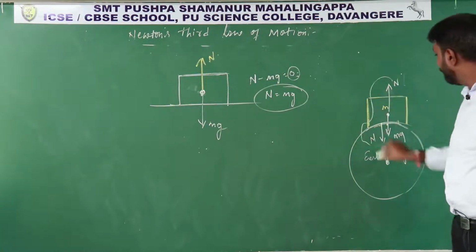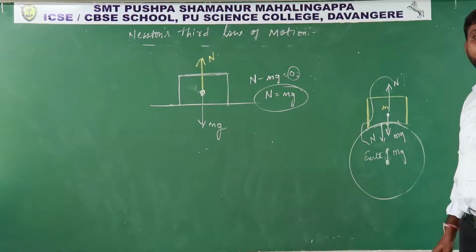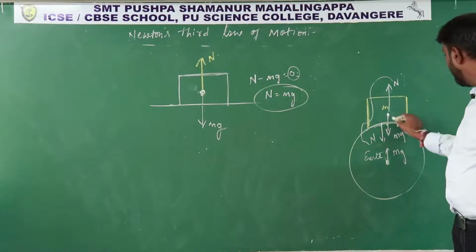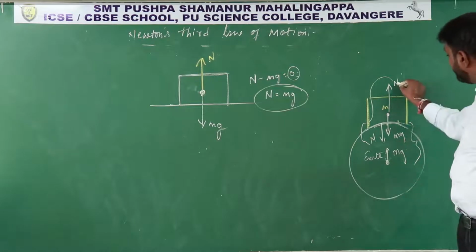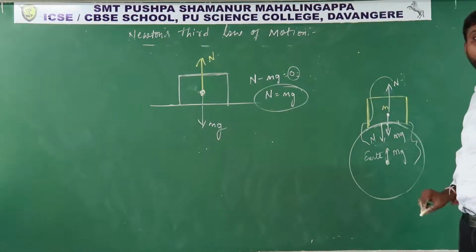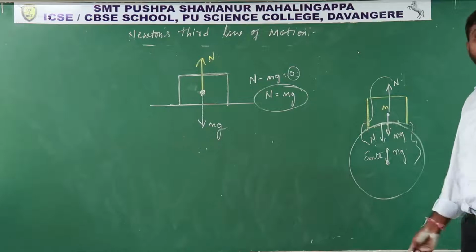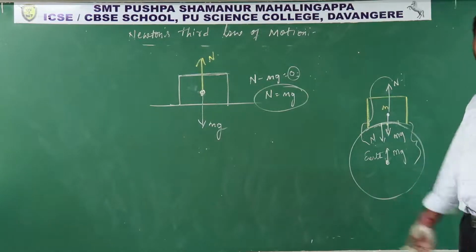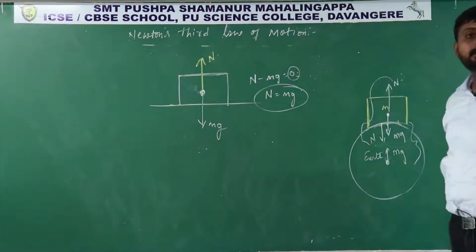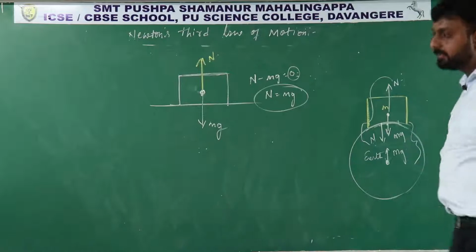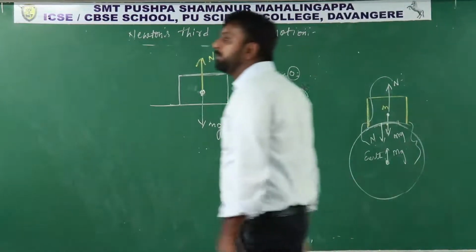These two act on two different bodies, equal in magnitude and opposite in direction. These are an action-reaction pair, but N and mg act on a single body, so that is not an action-reaction pair.